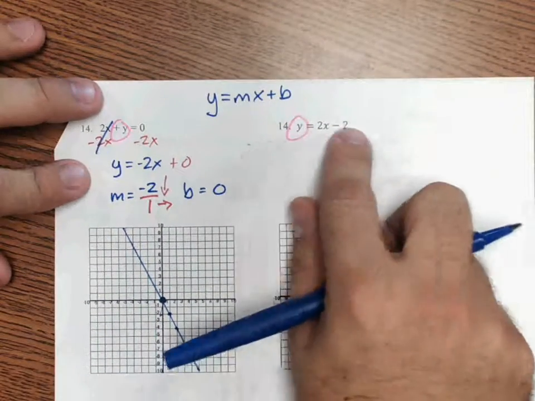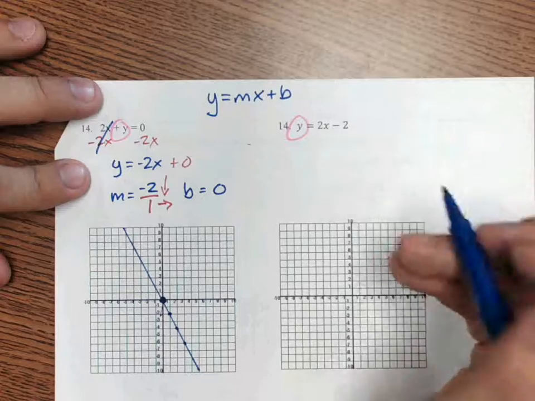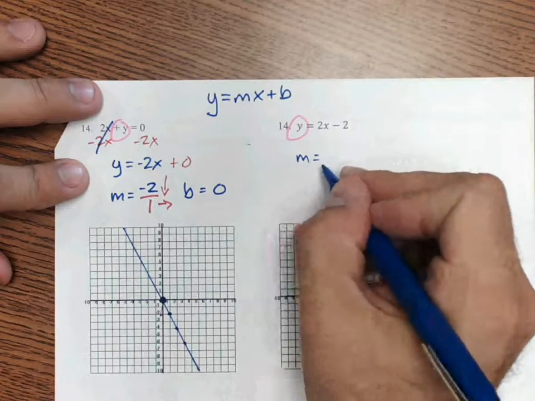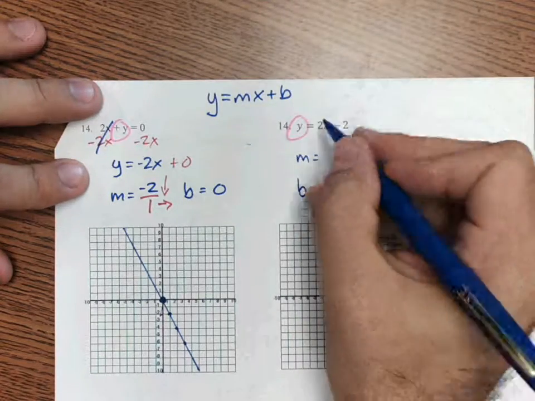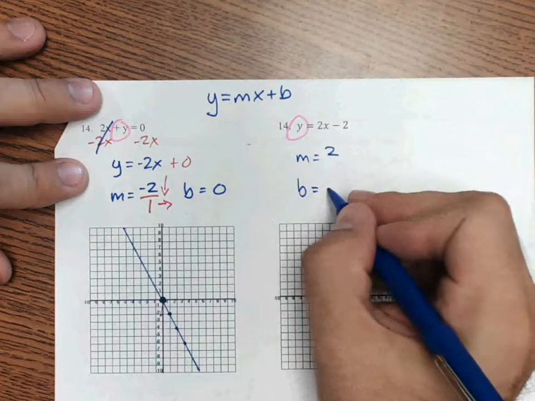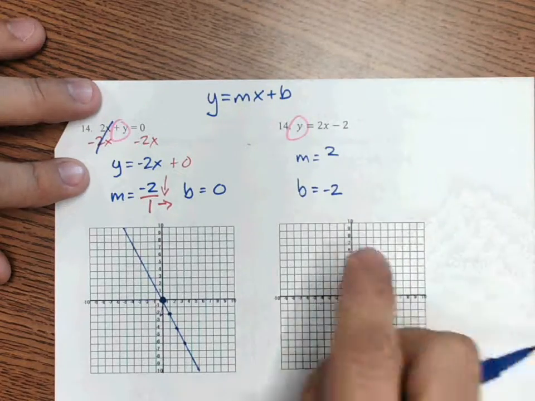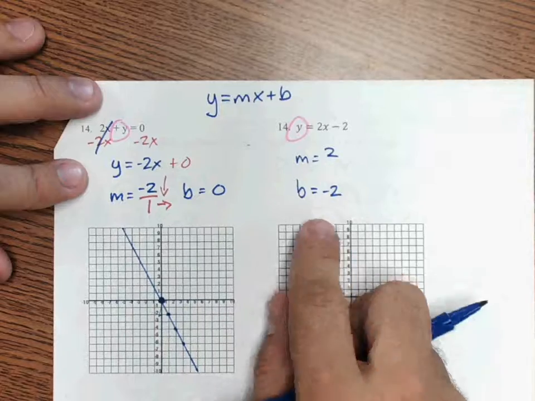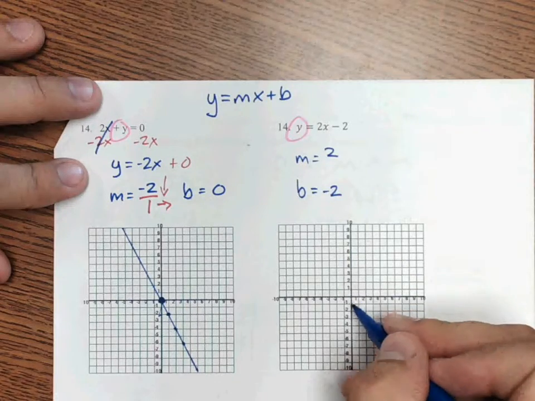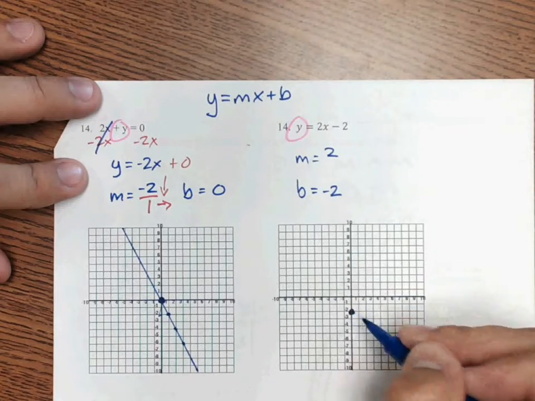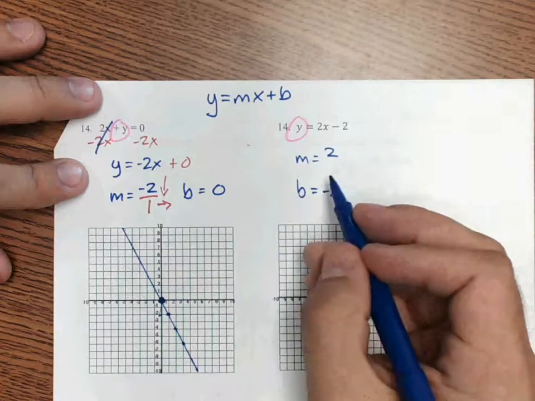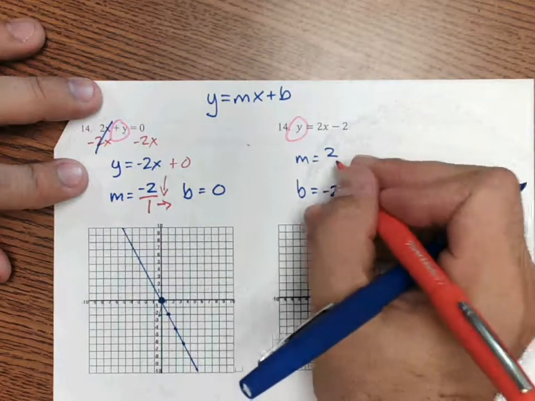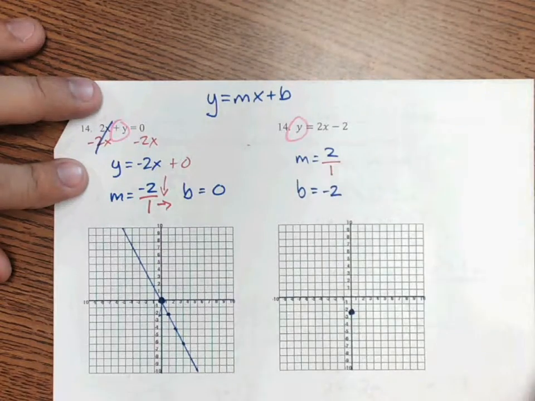For the next one, it's already solved for y. You don't have to do anything for this one. No solving required. You are going to find m and b. M is going to be 2. B is going to be -2. So we're going to begin with my y-intercept. Go to the center. -2 means down 2. There we go. Okay. Now my slope is a whole number. To make it a fraction, I'm going to put it over 1.